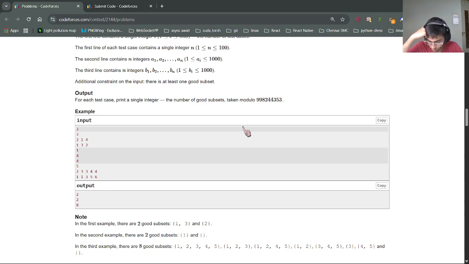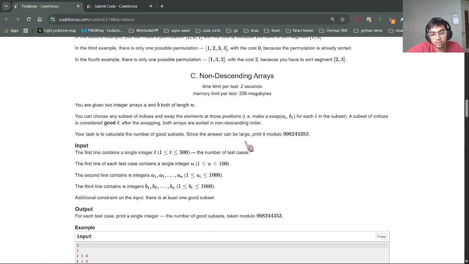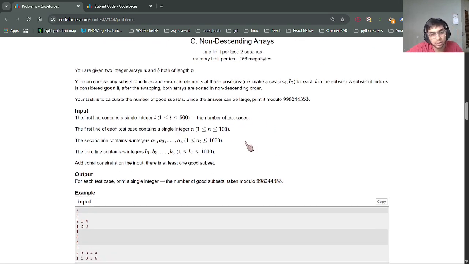Two, four. Okay, let's find one. Let me take an example where it is possible to solve it.